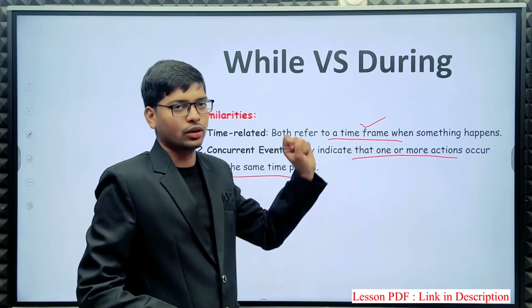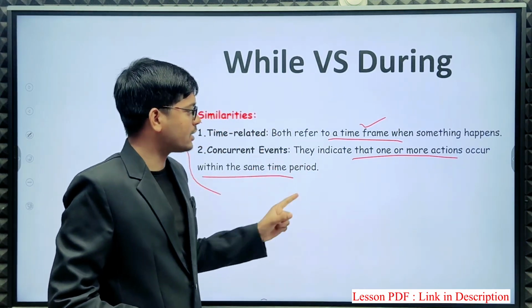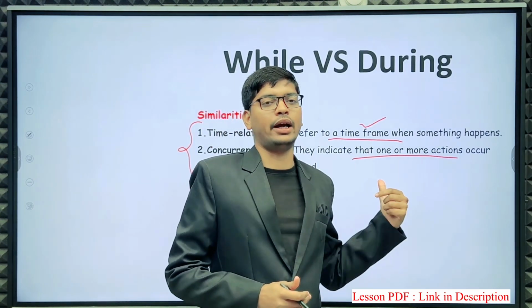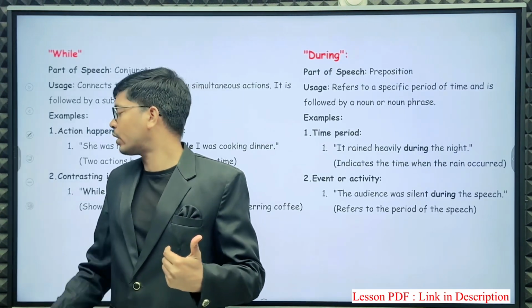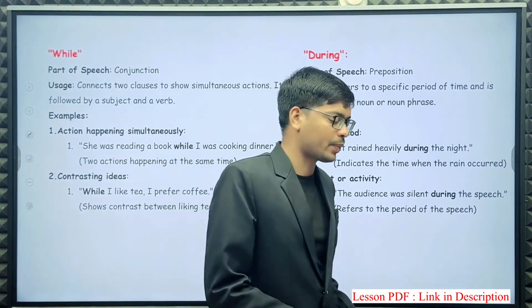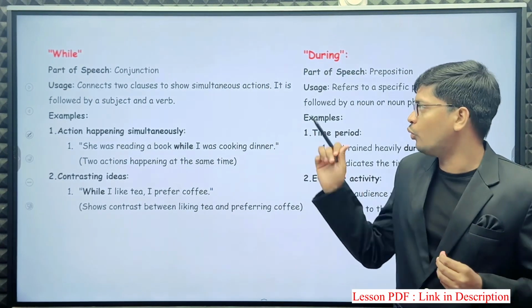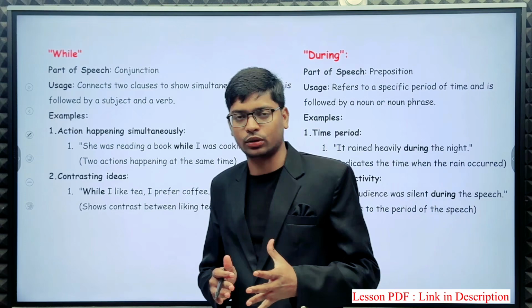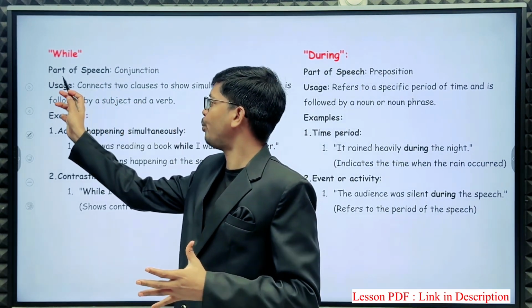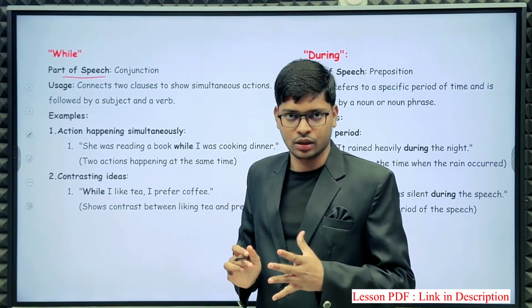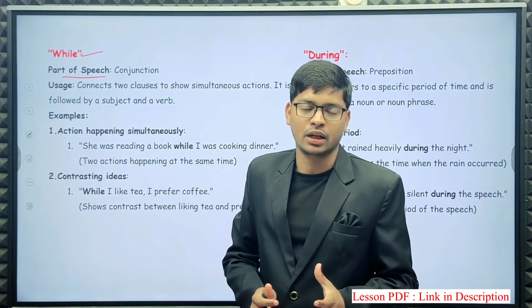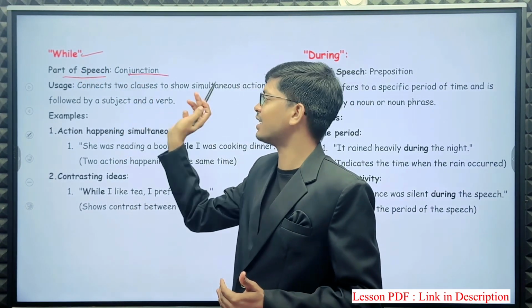Now let's learn the difference between during and while. First of all, I want to talk about while. While is a part of speech, and the topic name is conjunction.